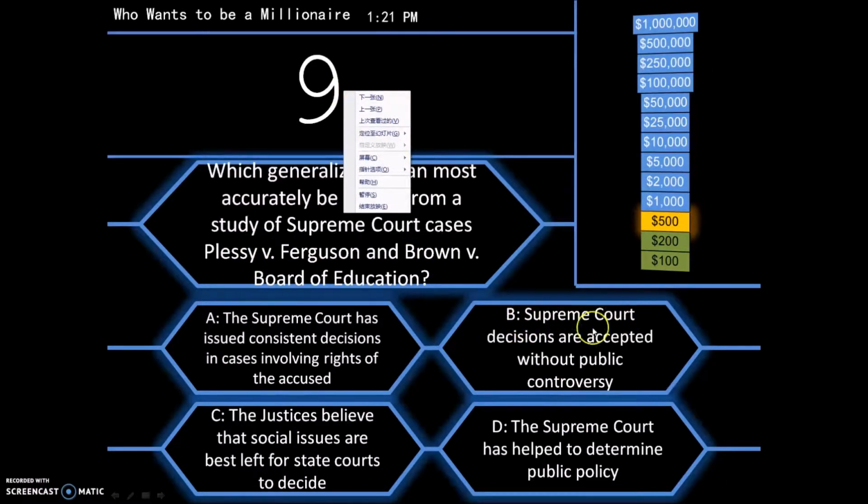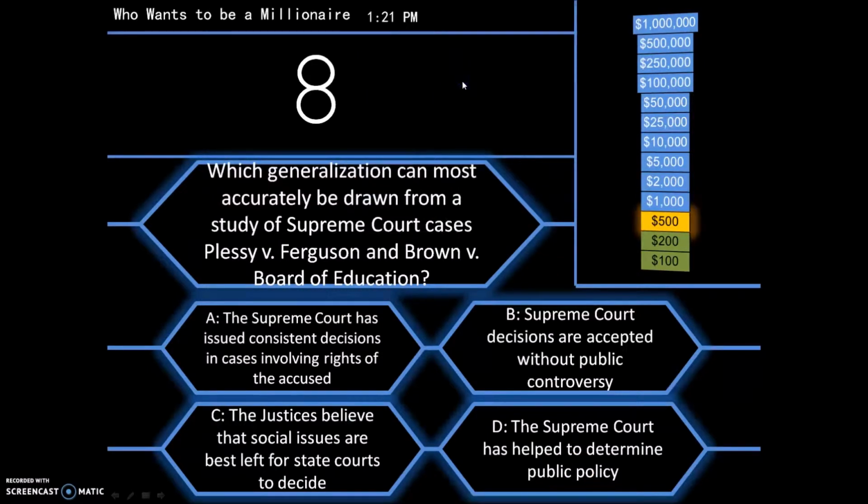B. Supreme Court decisions are accepted without public controversy. Definitely not true. Okay, we had issues about that. C. The justices believe that social issues are best left for state courts to decide. Nope. And D. The Supreme Court has helped to determine the public policy, and this is what the Supreme Court is doing. Okay, they made decisions and they determine the public policy.